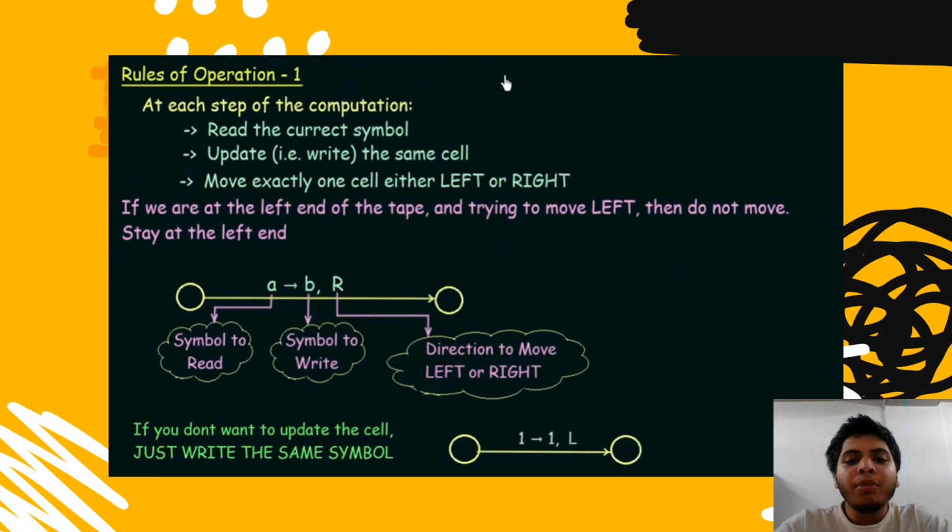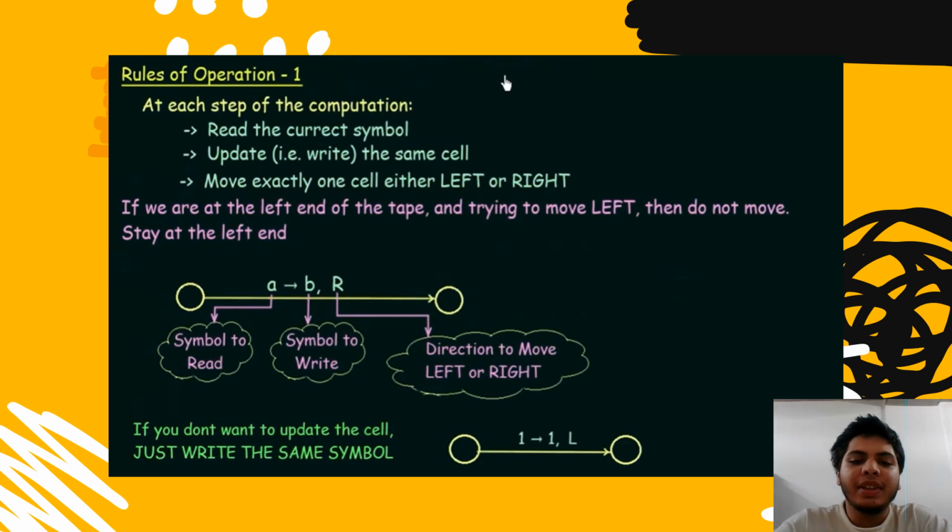One more rule that you should remember is that if we are at the left end of the tape and we are trying to move left, then we do not move. We stay at the left end of the tape.